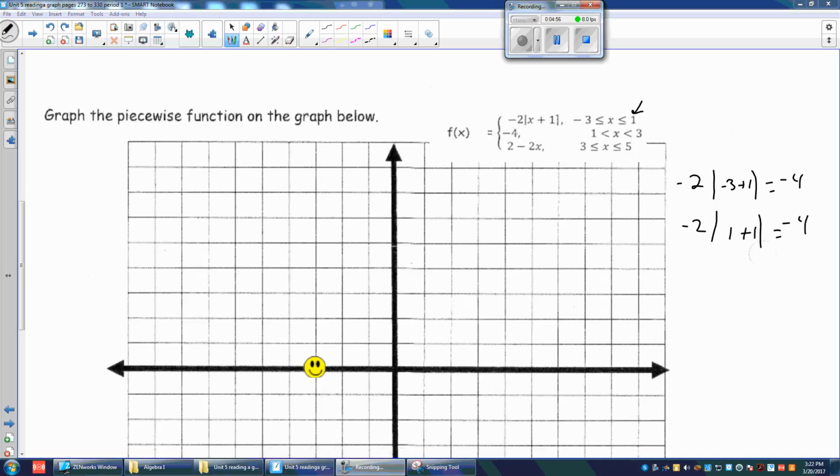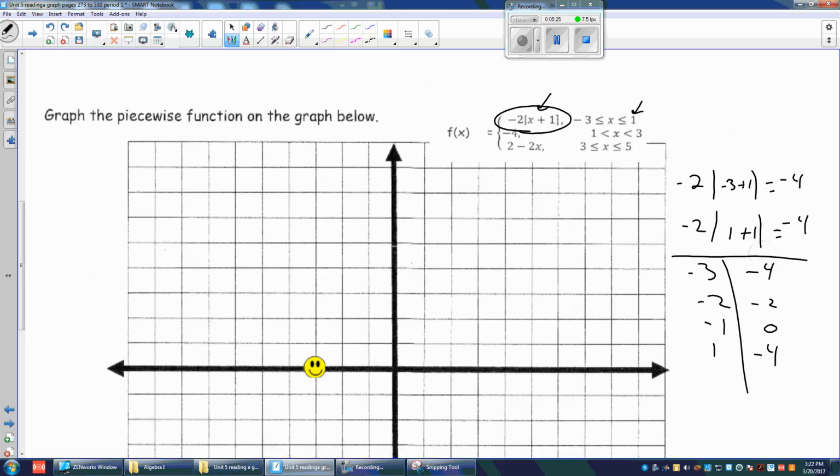Now there's something funny going on here. This is not a line, it's an absolute value symbol. So I typed that into my graphing calculator, and I got a table. -3 is -4. -2 is -2. -1 is 0. 1 is -4. There we go. So there's the table.